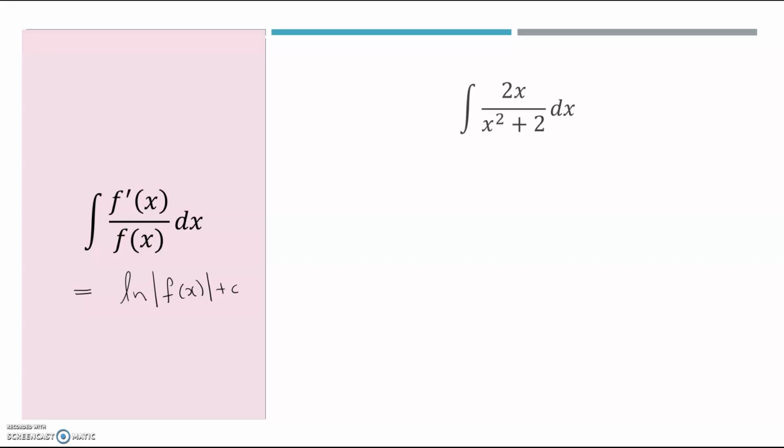So have a look at this. Does it work? Yes, it does. The numerator is exactly the derivative of the bottom line. So just as a check, let's try differentiating the natural log of x squared plus 2.